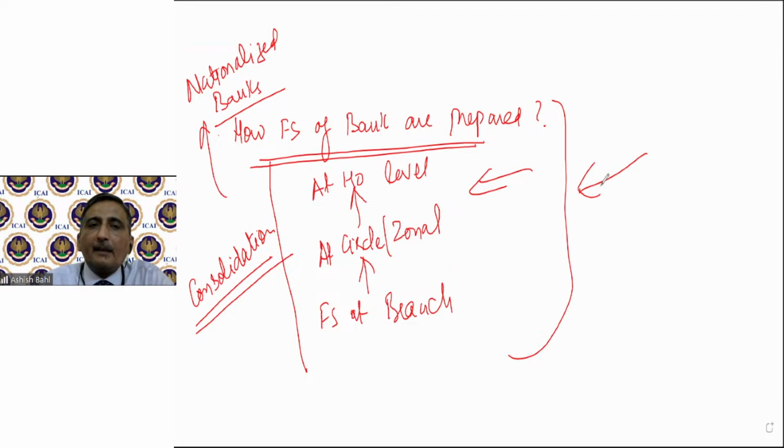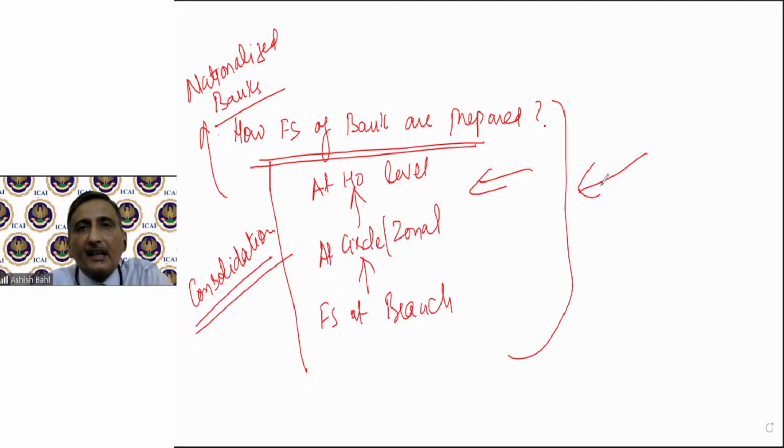So this was about standalone financial statements. And what about consolidated financial statements? Say, if the bank has subsidiaries or some joint ventures, then it would also have to prepare consolidated financial statements, which banks do.